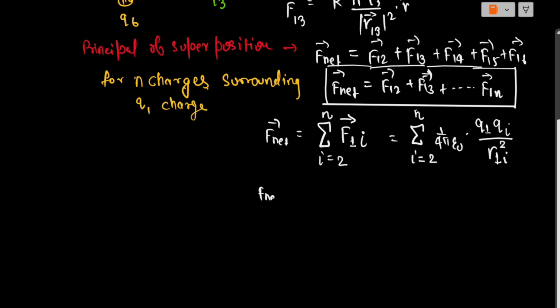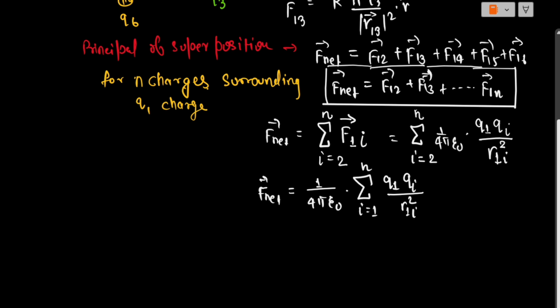So the net force is a summation, and the summation is possible only for the variables. Constants are separated out. So 1 by 4 pi epsilon naught is outside of the sigma, and what remains is q1, qi, and r1i squared, with i from 2 to n.